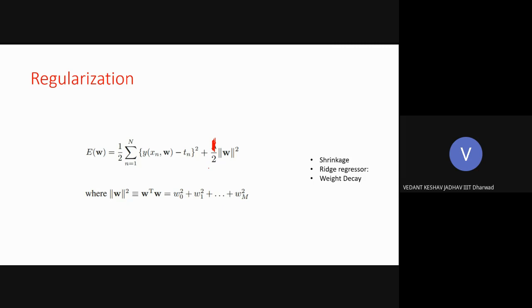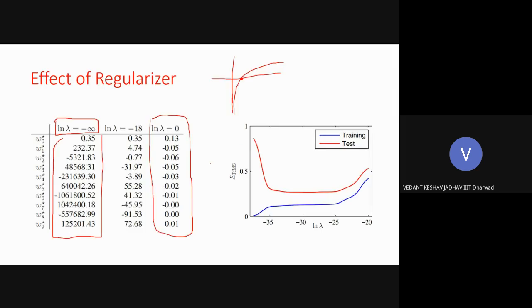When you take the gradient of it, the square will get cancelled with the 2, and you will get a nice analytical solution. Meanwhile, for log of lambda equals minus 18, you have some effective value somewhere here. So you take some value of lambda less than 1, and you just tune it.